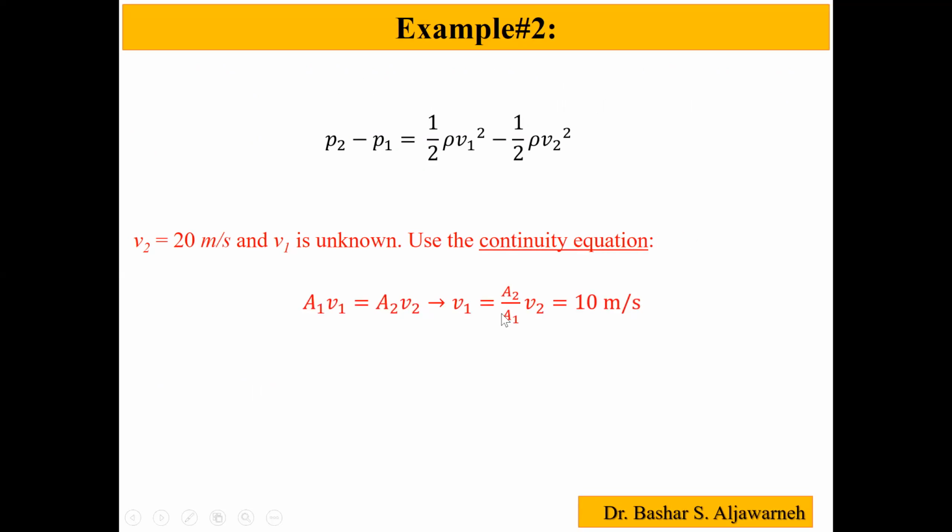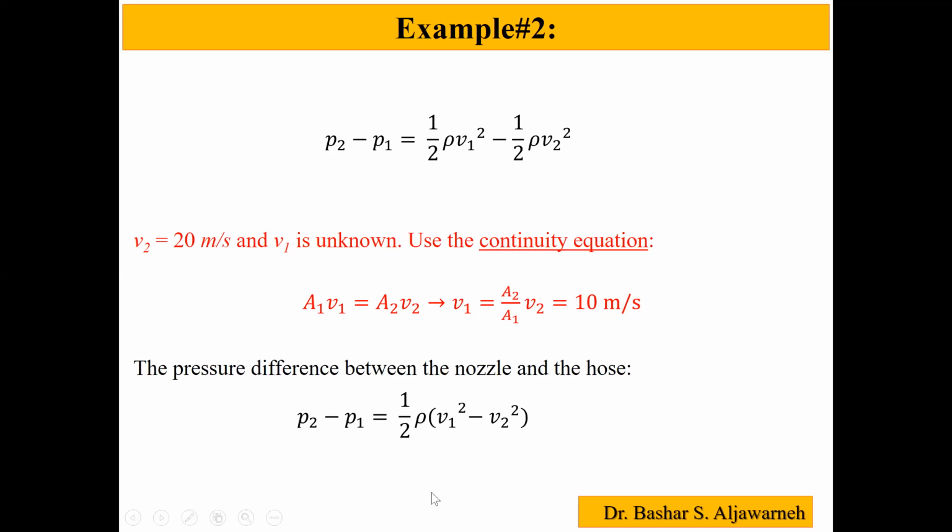So now V1 is known, V2 is known too, and the density for water is 1000 kilogram per meter cube. So therefore we can say P2 minus P1 equals 1/2 rho times V1 squared minus V2 squared. And the pressure difference will be minus 150 kilopascal.